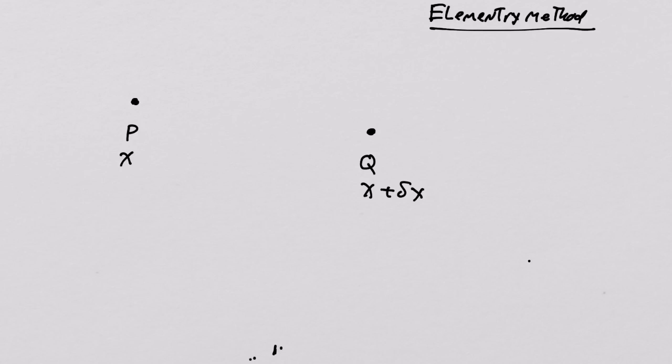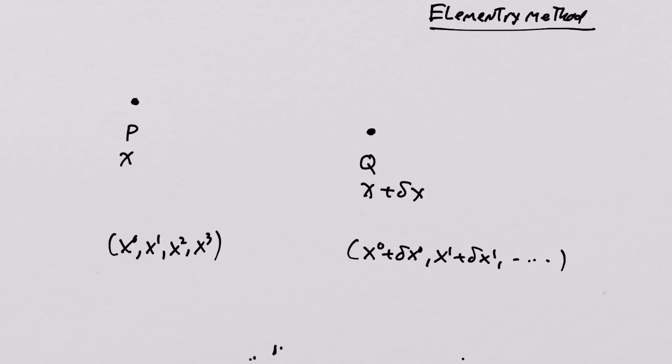So when I say x, I'm talking about x0, x1, x2, and x3. And when I talk about x plus delta x, I'm talking about x0 plus delta x0, x1 plus delta x1, etc. So that's what these 2 different points are located at. And we write this, this is always shorthand for this full construction when we do this.